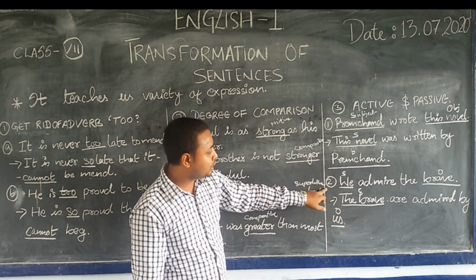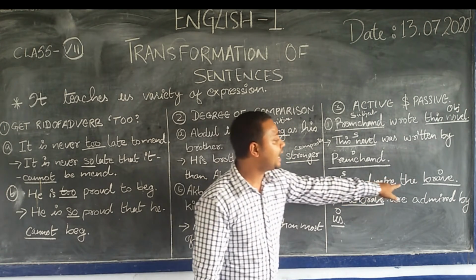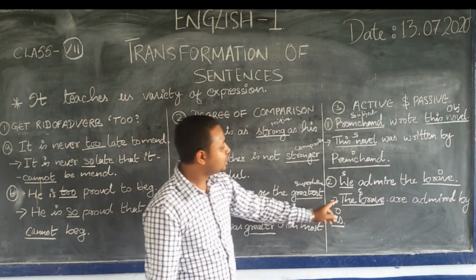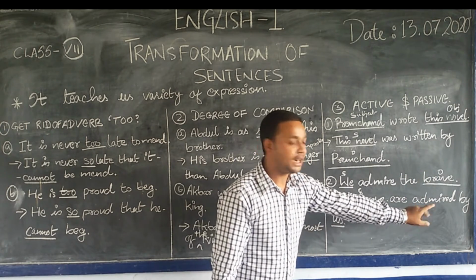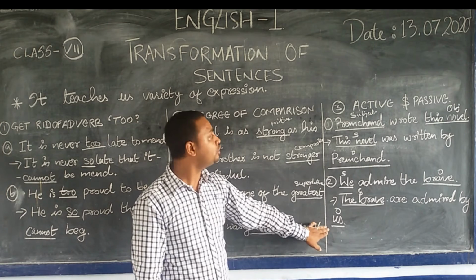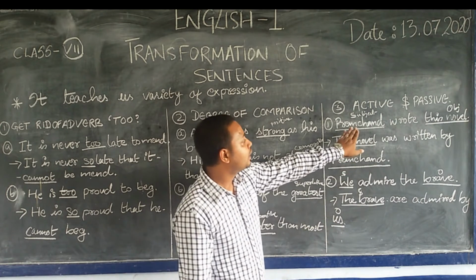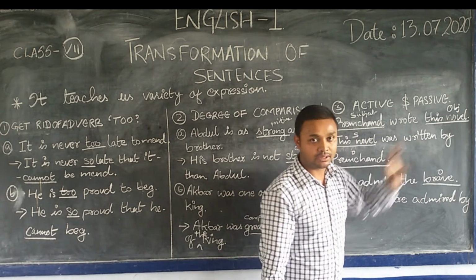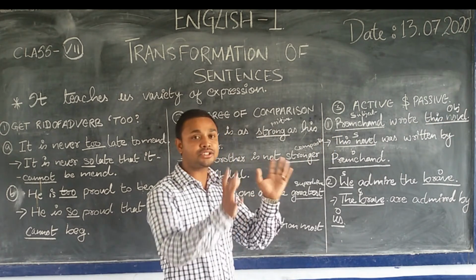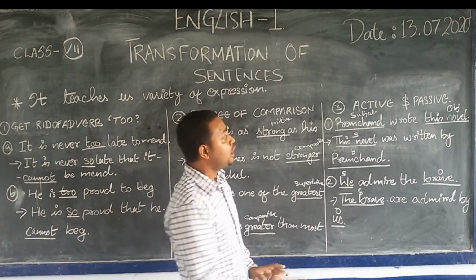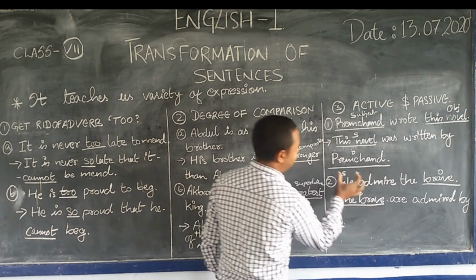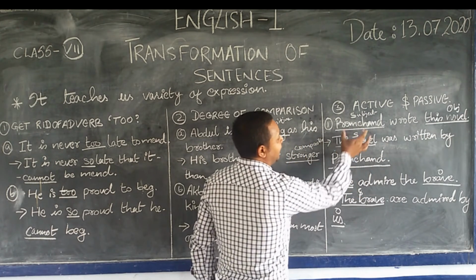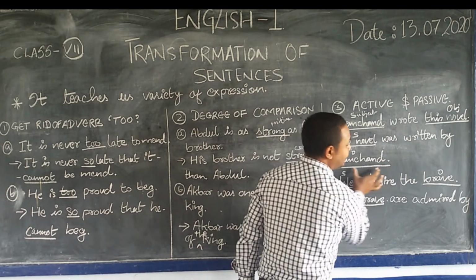And in question number 2 we have "We admire the brave," and the answer is "The brave are admired by us." What you need to pay attention to here is that in a sentence there is always a subject and an object. Whenever you change active into passive voice, the object will become the subject, and the subject will become the object.